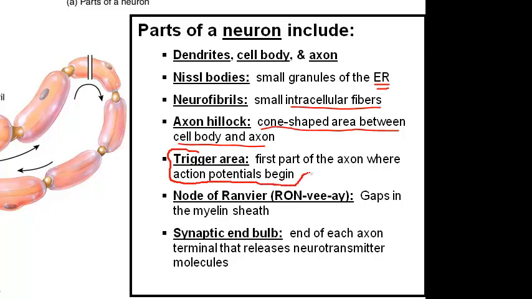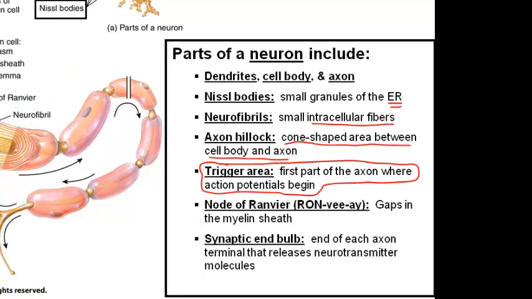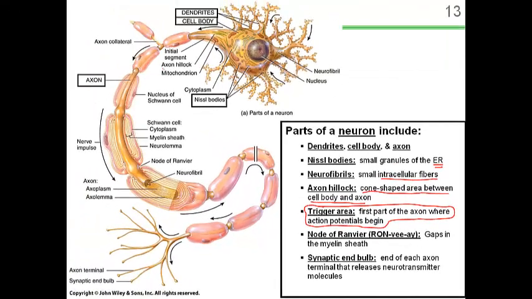The trigger area is where an action potential is going to first form. So we have the axon hillock right here, and somewhere on that axon hillock is where we're going to form an action potential. That action potential is going to travel, and the arrows represent the direction in which an action potential is going to travel down the axon.